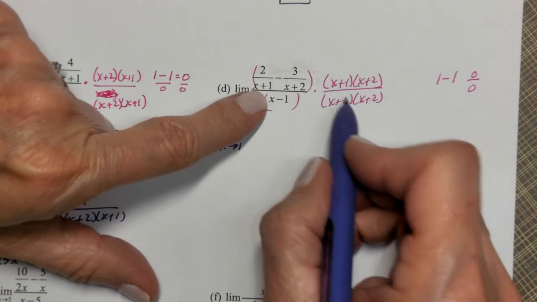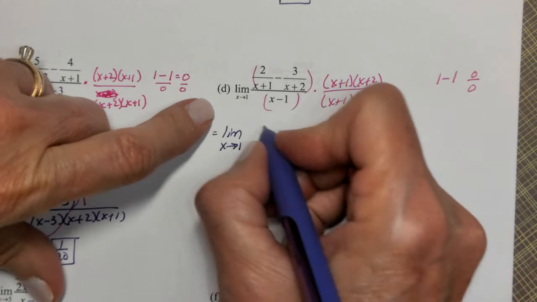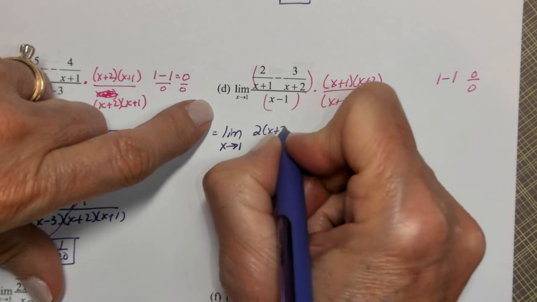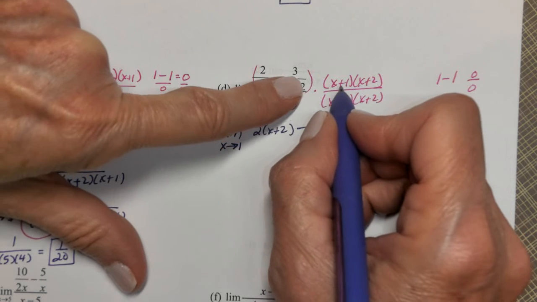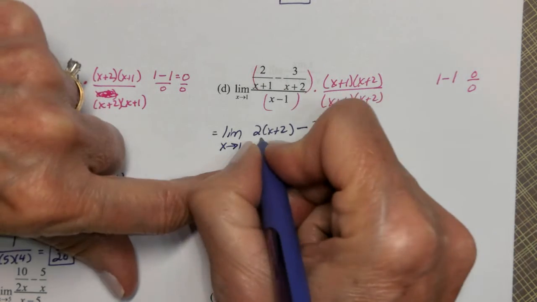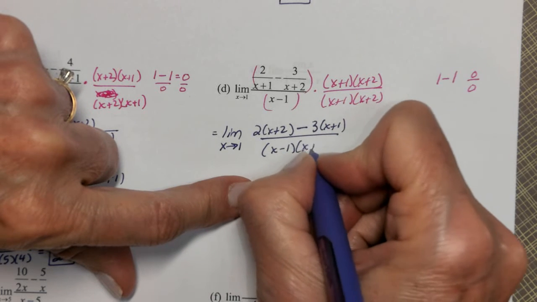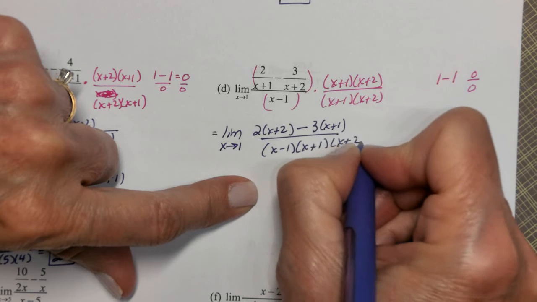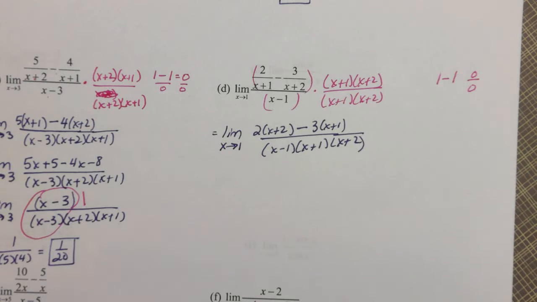Okay, first term, the x plus 1's cancel. We're left with 2 times x plus 2, minus, the x plus 2's cancel, we're left with 3 times x plus 1, all divided by x minus 1, x plus 1, x plus 2. Don't multiply that out. Just leave it factored.